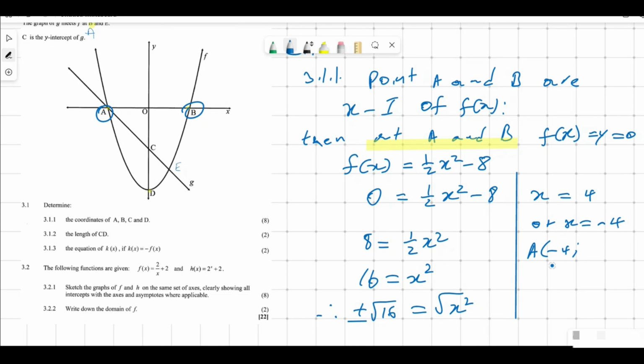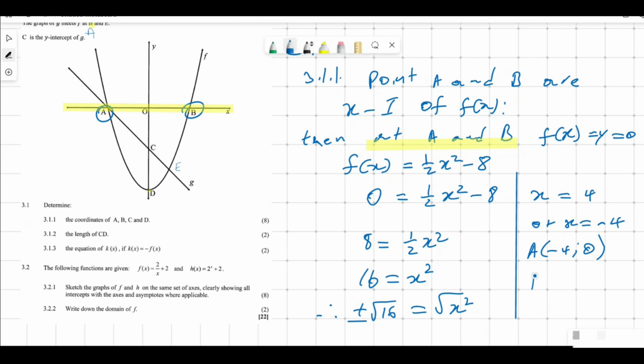And what is the value of y at point A? It's 0. Please pay attention. This is your x-axis. The value of y on the x-axis is 0. So the value of y at point A is 0.